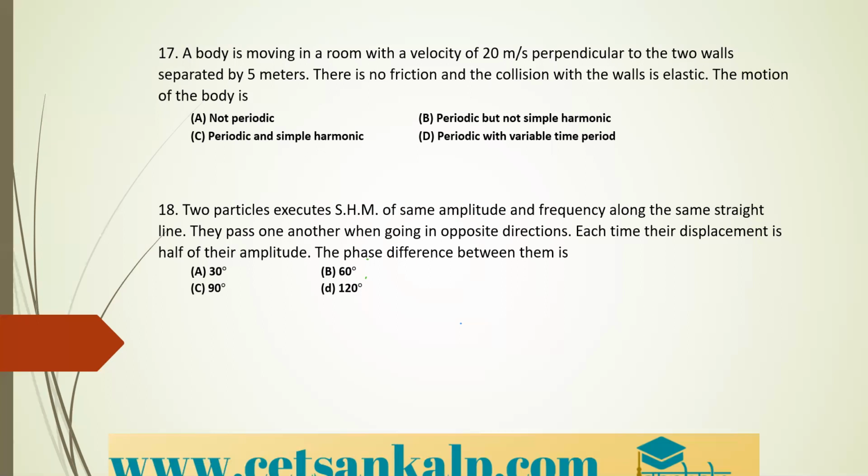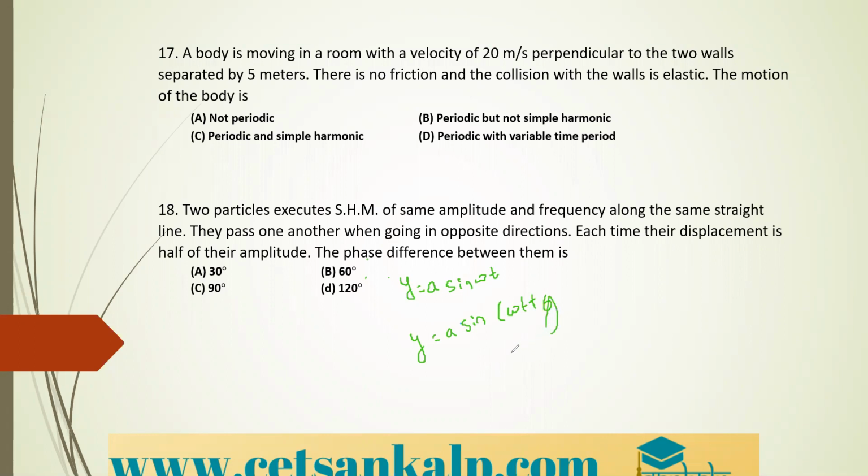So how can we do it? We can take two equations of motion for simple harmonic motion. One, we can take as y is equal to a sine omega t. One more, we can take as y is equal to a sine (omega t plus pi).